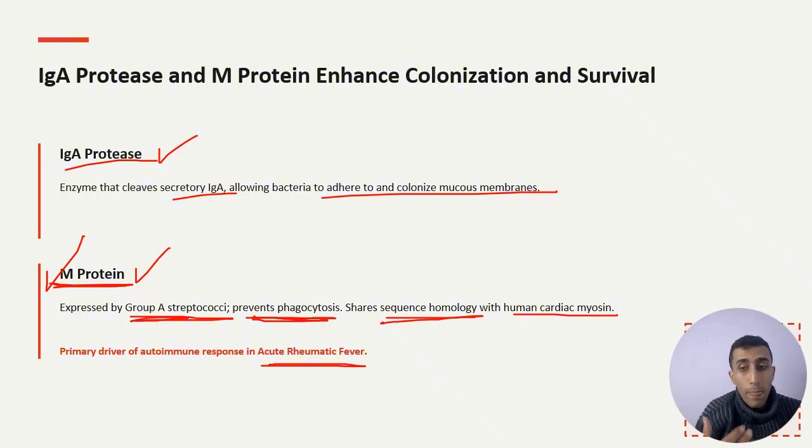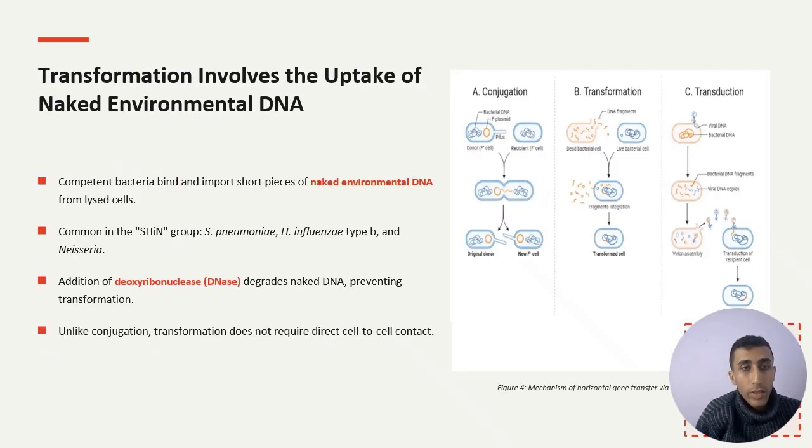So the immune system forms antibodies against this M protein and against the bacteria, but because it shares sequence homology with the human cardiac myosin, the immune system attacks our human cardiac myosin, and unfortunately we have acute rheumatic fever as collateral damage from being infected with group A streptococci.